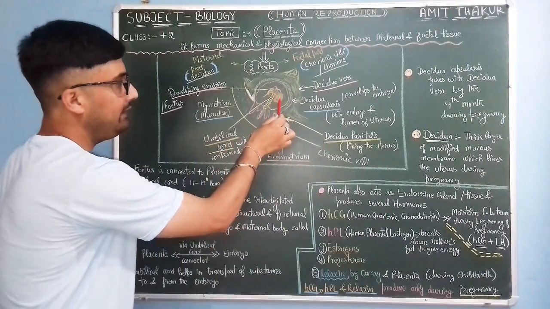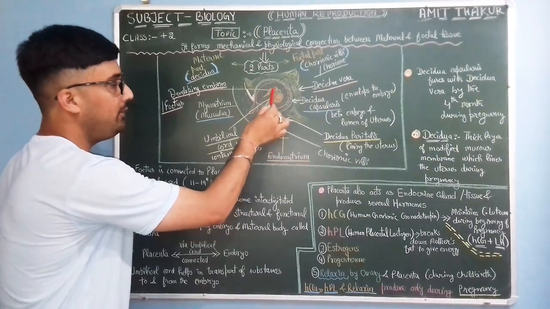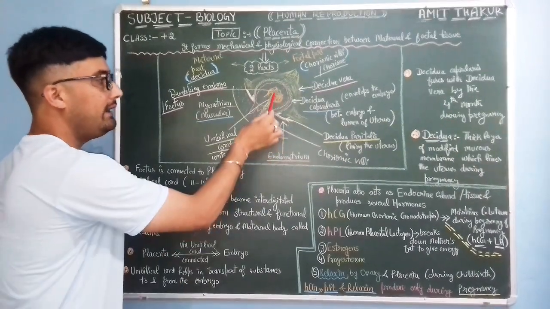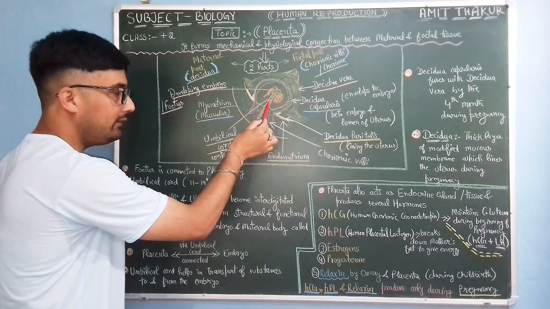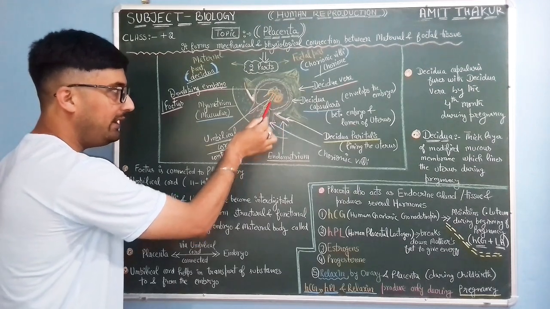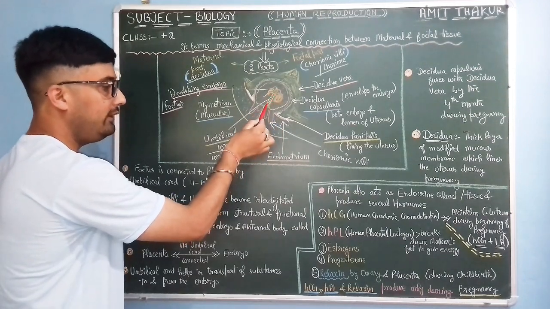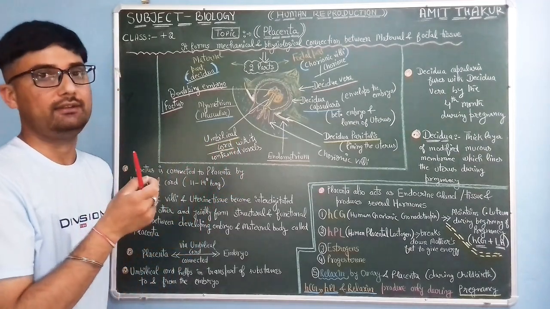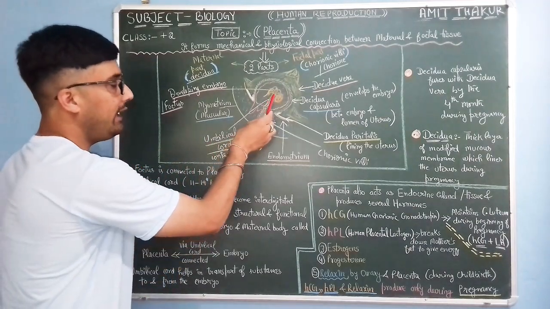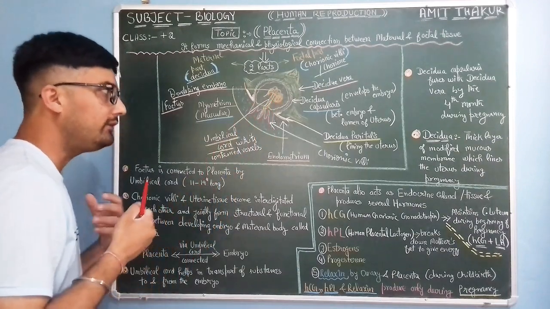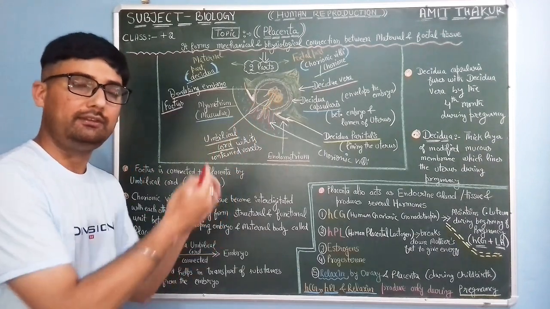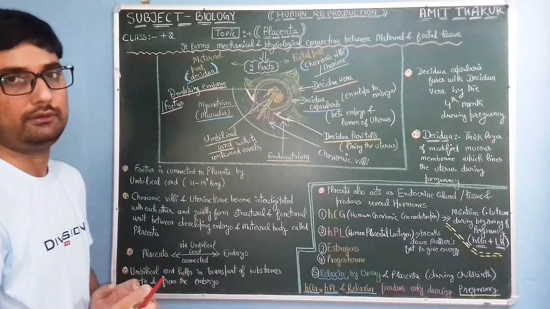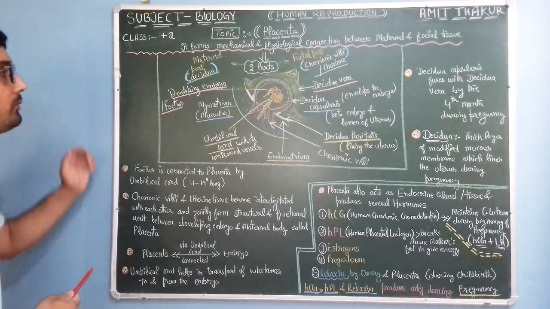Here you can see the growing embryo, and it is connected to the placenta by this cord. This umbilical cord contains vessels, which means this cord supplies substances in and out of the embryo.